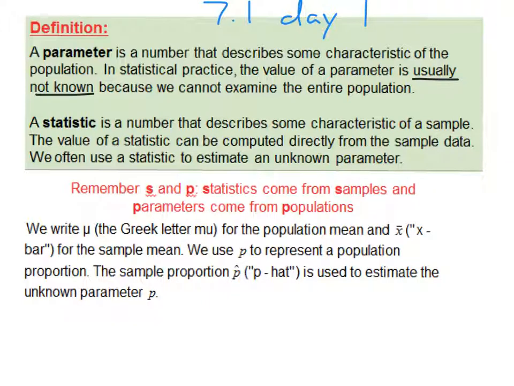It is usually not known. Right? It is usually not known. It's just not possible to figure out what it is. Okay? A statistic comes from a sample. I like the letter association. That statistic, sample, parameters come from populations.